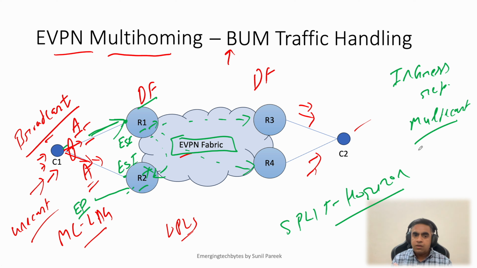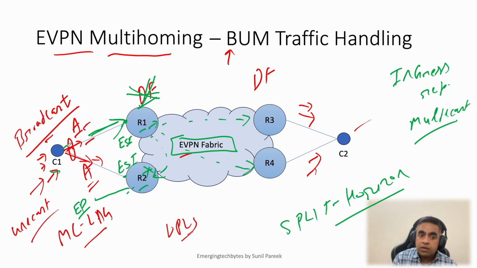But then what is this designated forwarder? What is the role of the designated forwarder? This is one of the common confusions that I always see. Now listen to me very carefully. When the traffic is coming from C1, when the traffic is coming from the end host, there is no role of DF.